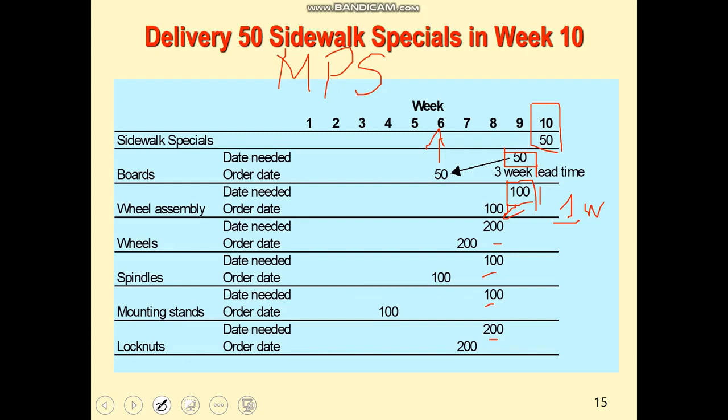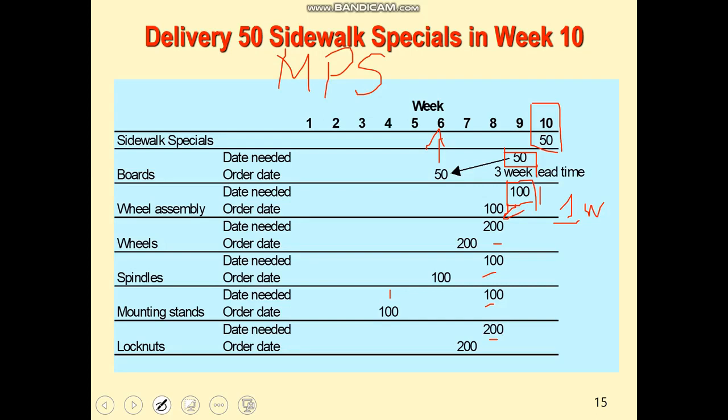You can determine when we should start ordering and how many. So for example, the mounting stand, we can see the lead time is 3 weeks. So it means we have to order 3 weeks earlier, that is in week 4.